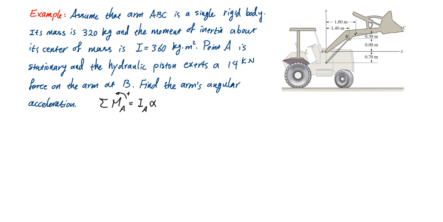Well, it's a single structure. It's not something that I can decompose into other parts. I'm already given the mass moment of inertia for the whole structure about its center of mass.